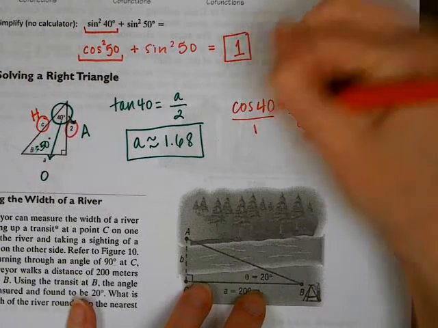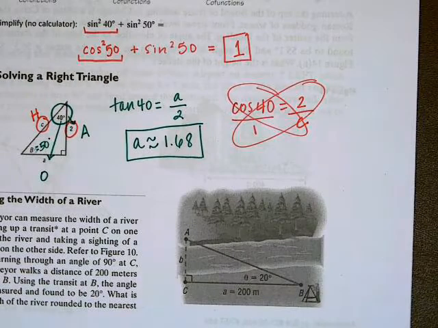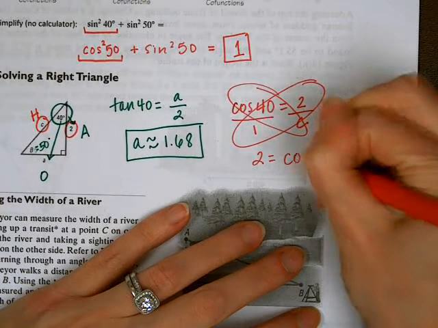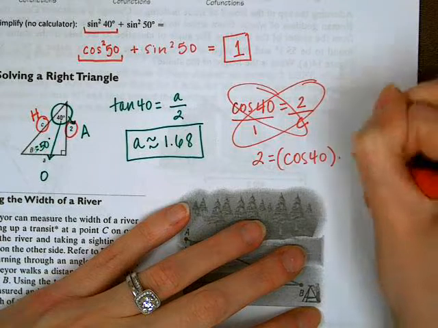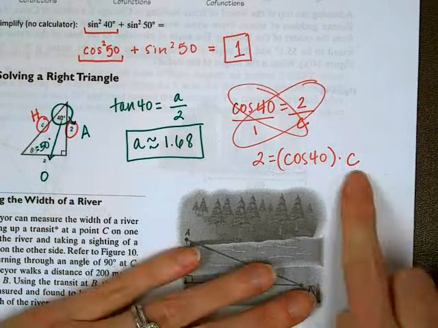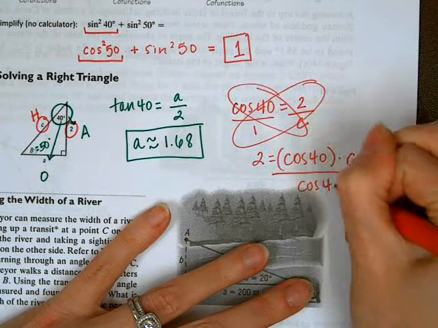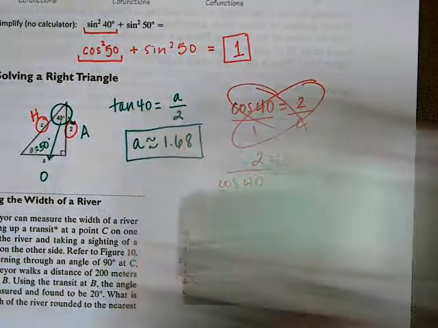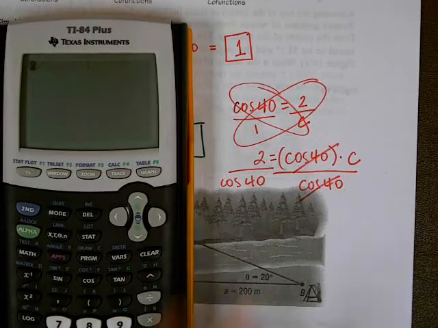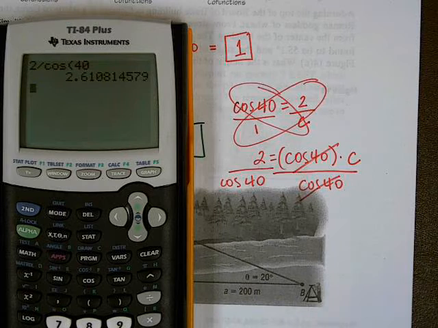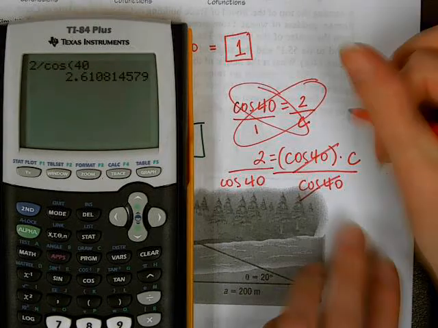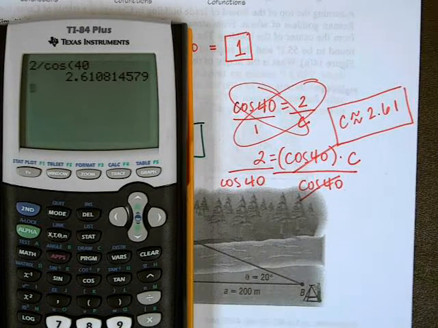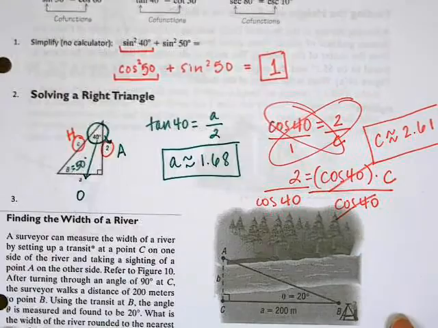Now this one, we actually end up dividing, because it's going to be 2 equals cosine 40 times C. To solve for C, we divide both sides by cos 40. So 2 divided by cos 40, you end up getting about 2.61. All right, so that's just simple solving a right triangle using trig.